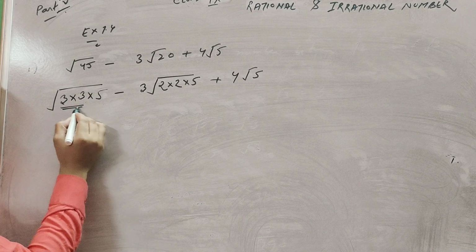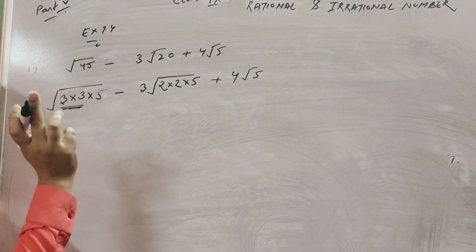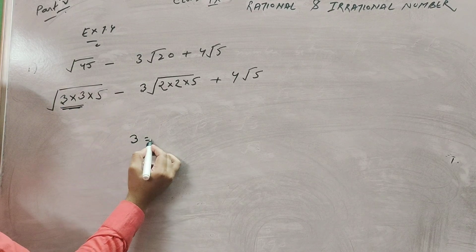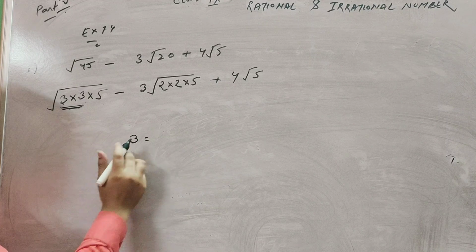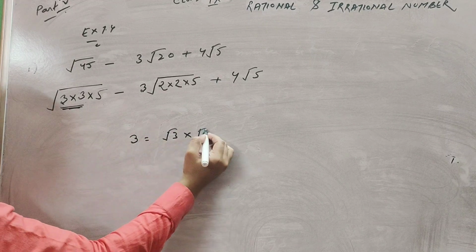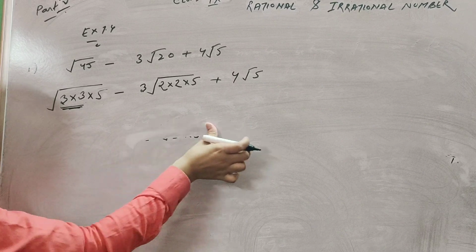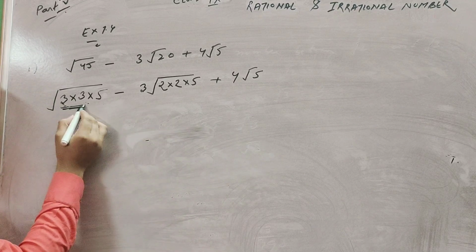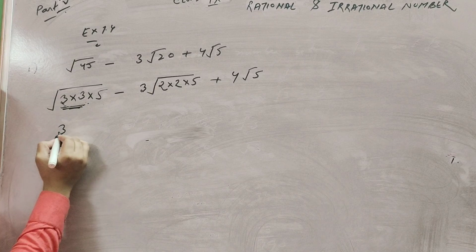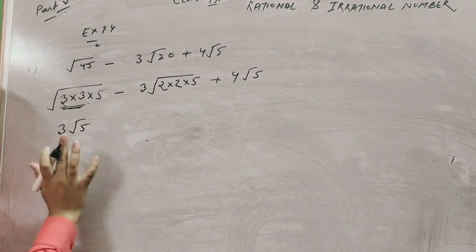So we know that one perfect number 3 under the root, that means 2 root 3, when we multiply root 3 by root 3 we get one single 3. So for those, one 3 comes outside, and root 5.